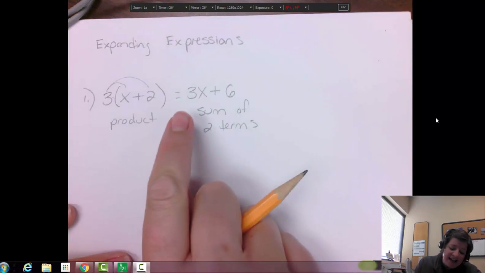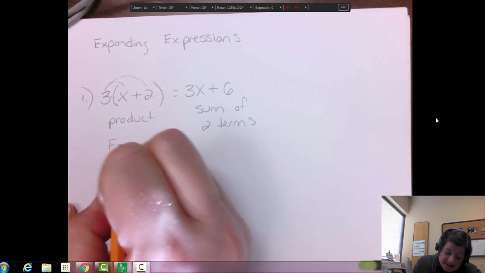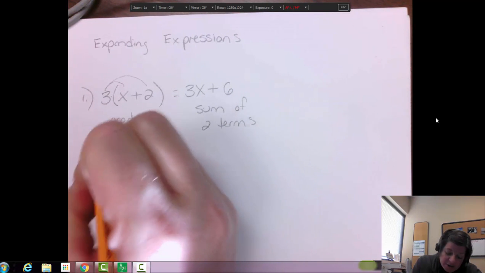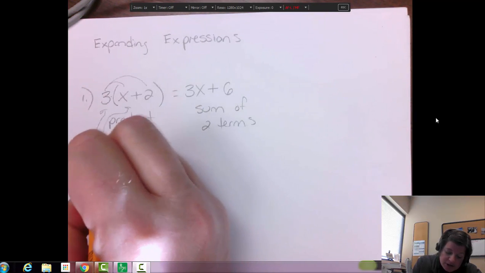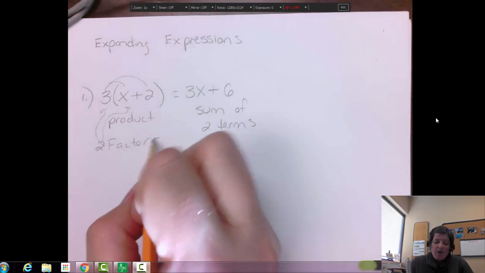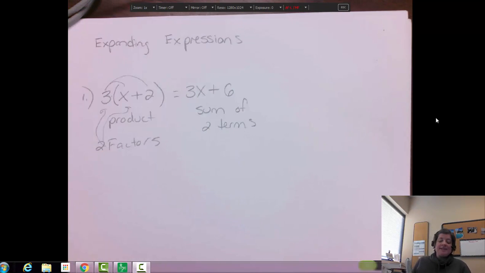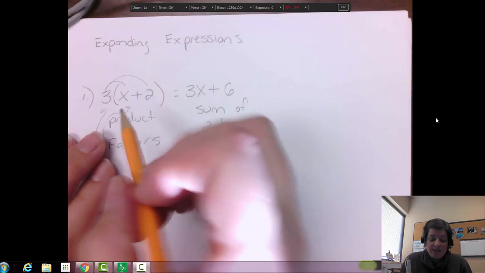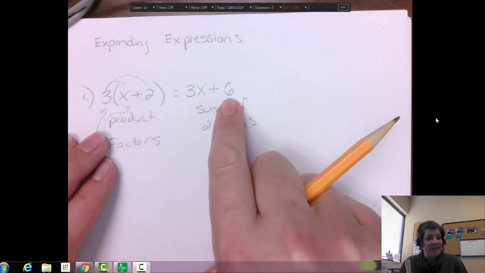Okay, so this had 2 factors, is another way we could call these things as well. Factors, 1 and 2. So that's what this is: expanding an expression. I'm taking the 3 and timesing it by both and writing it like this.